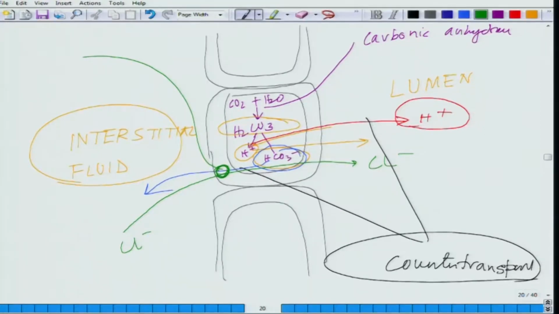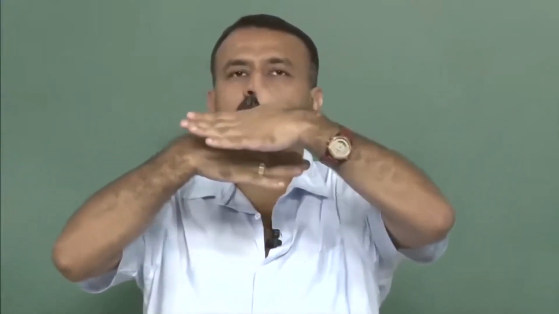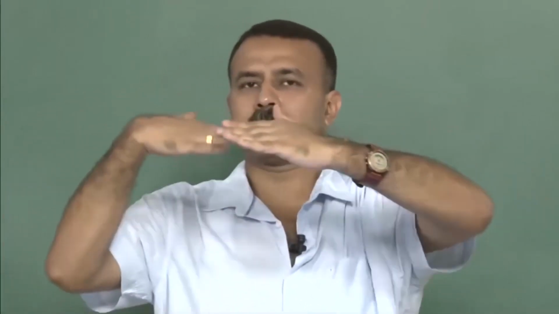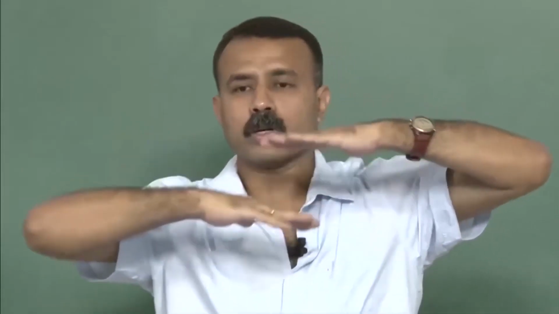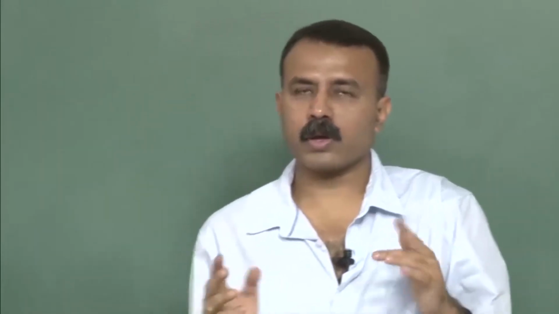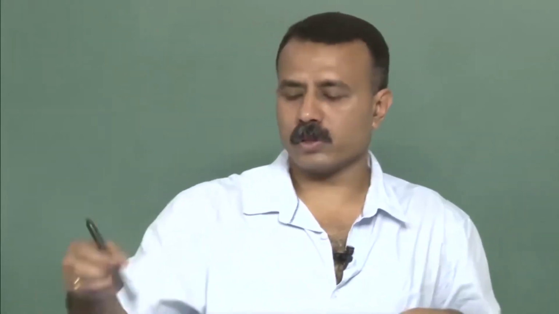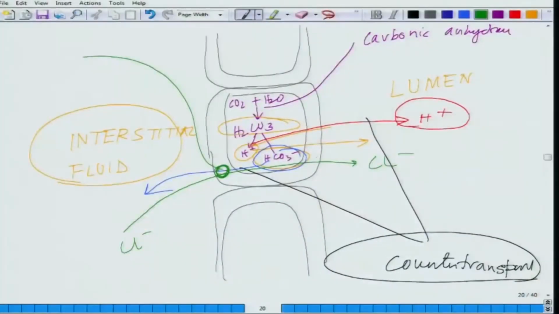So, there are two reverse processes happening. Chloride is getting inside the cell and bicarbonate is sent out of the cell. There was a co-transport, and there is a counter transport taking place. Once this chloride is sent here, then by diffusion it moves into the lumen.